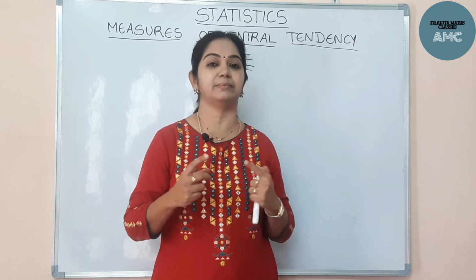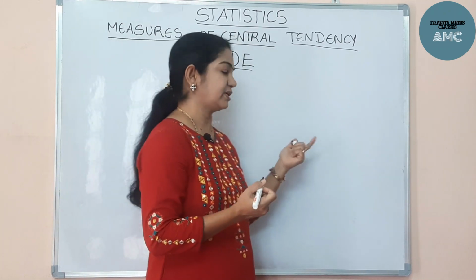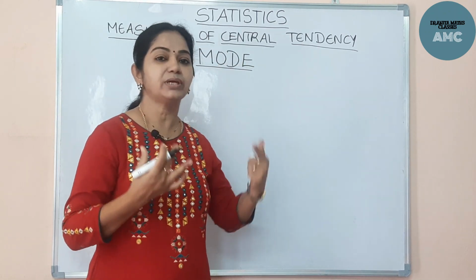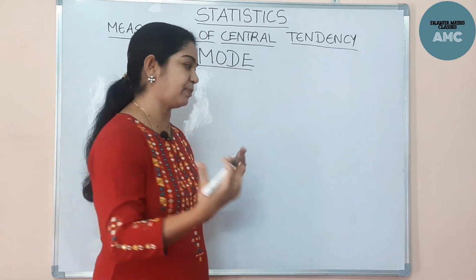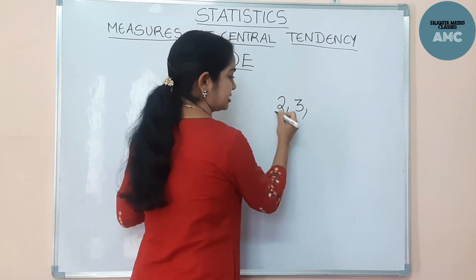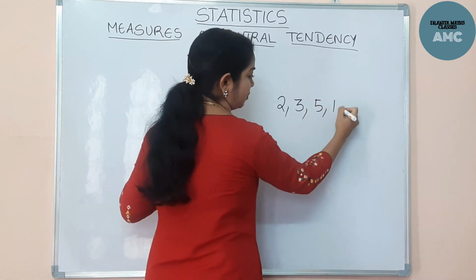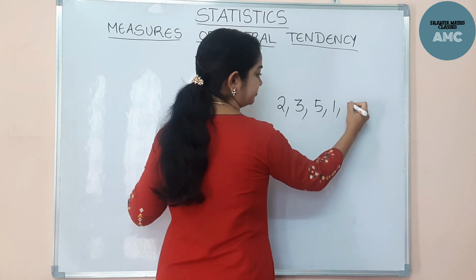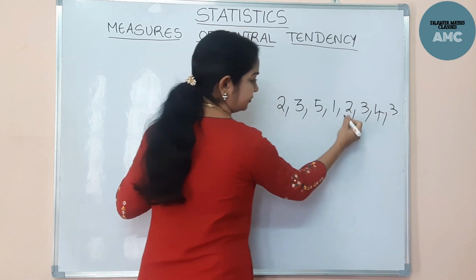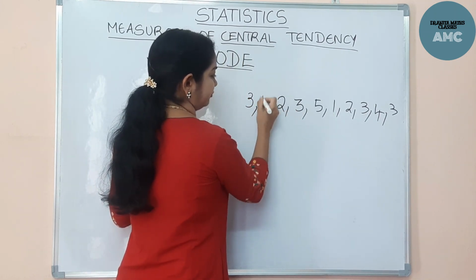It is the repetitively observed value. If I take raw data, for example, a bowler has taken wickets in 10 cricket matches, suppose the number of wickets taken by him is 2, 3, 5, 1, again 2, 3, 4, 3, 8, and 3, again 5.